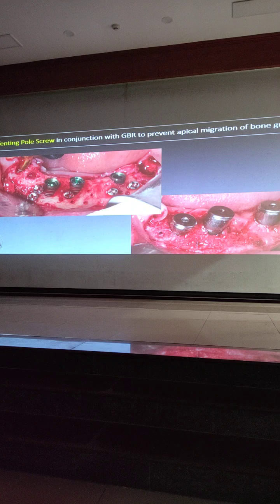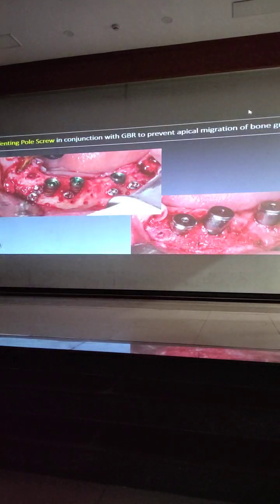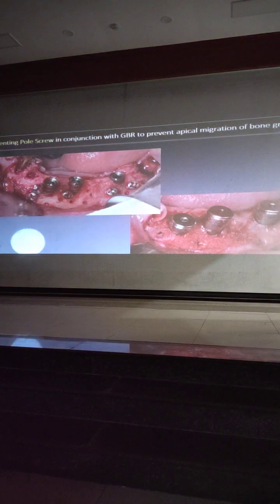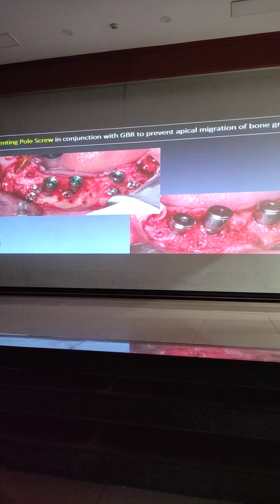So you can use the tent-pole technique in conjunction with simultaneous implantation in order to prevent apical migration of graft material within the tissue.